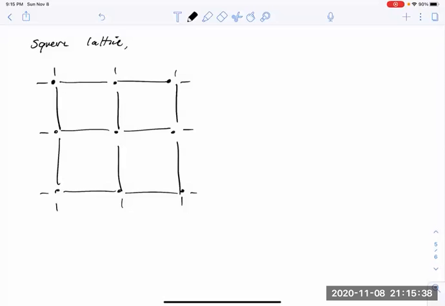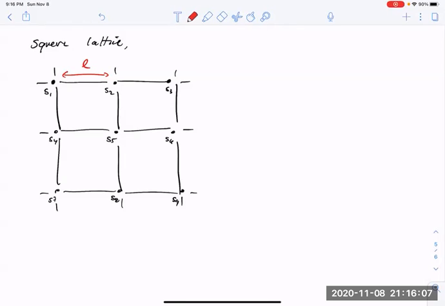Okay, there's our lattice. Let's denote this spin 1, spin 2, spin 3. That one spin 4, spin 5, spin 6. We have a 7, 8, and a 9. Let's define a lattice constant as that length with a little L.